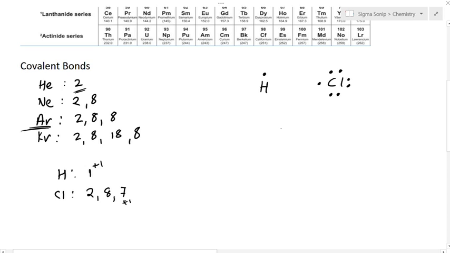I think I'll use a different symbol for showing the electron of hydrogen here. So this is how I am showing it. That's a hydrogen electron. Hydrogen has contributed 1 electron, and chlorine has contributed 1 electron.